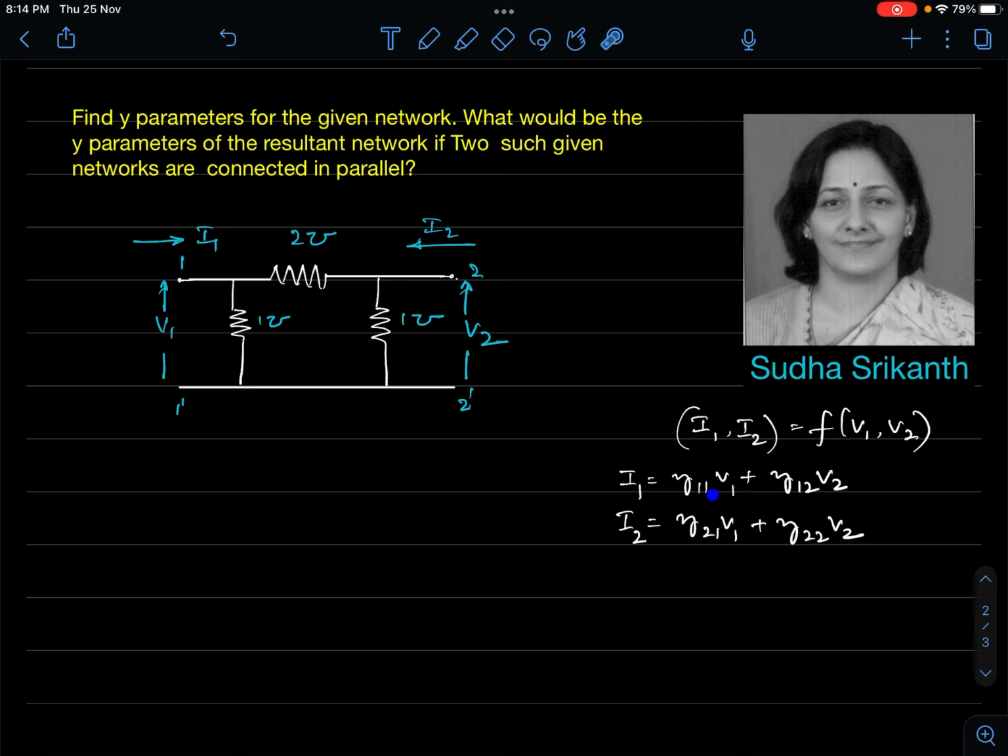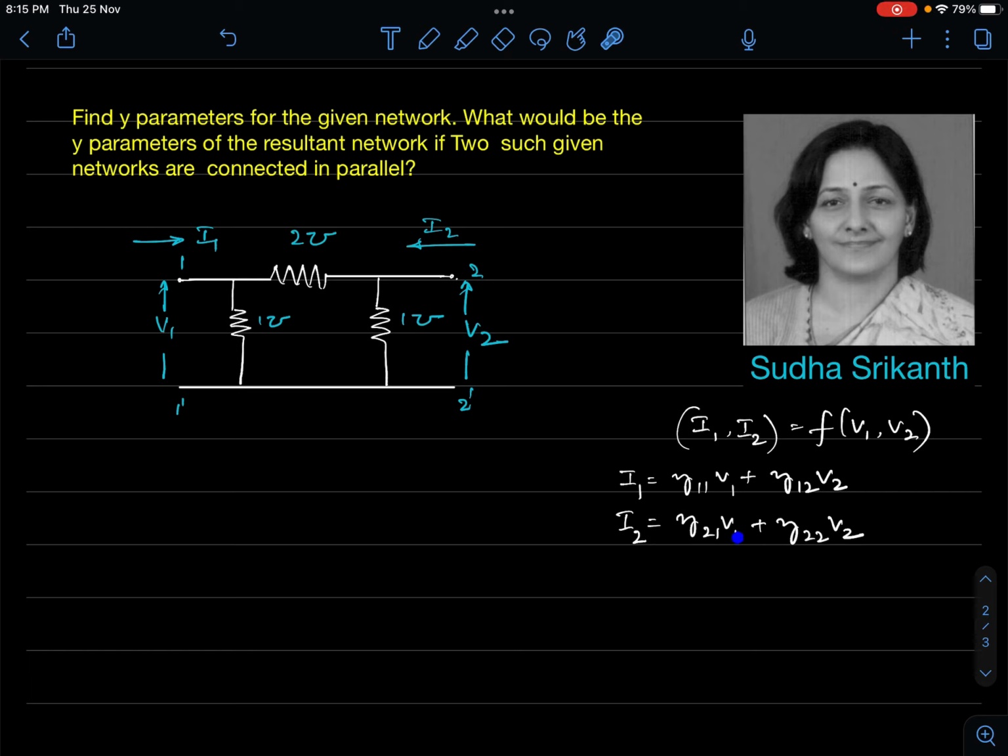We are supposed to find out y11, y12, y21, y22. How can we determine these four parameters? It is simple, by either short circuiting the output port or short circuiting the input port, one at a time. If we short circuit the output port, we mean V2 is made 0. So obviously these two terms will go away. In that case, we will be able to determine y11 and y21.